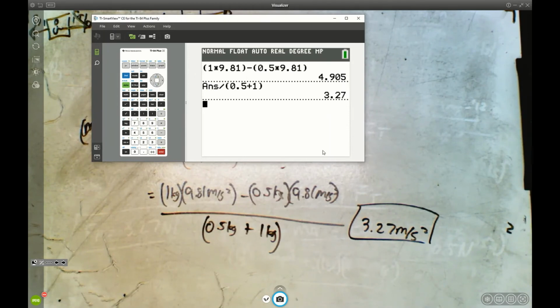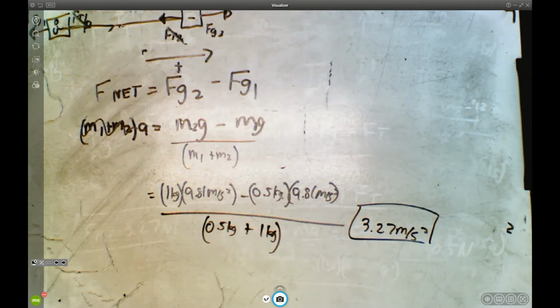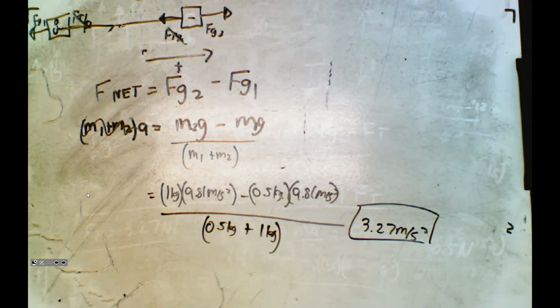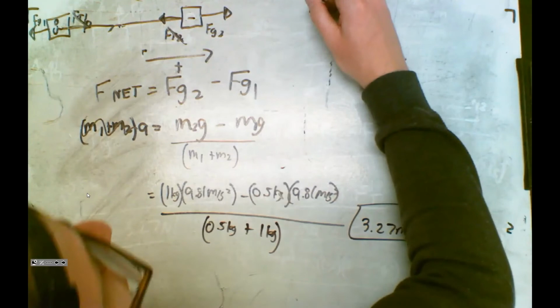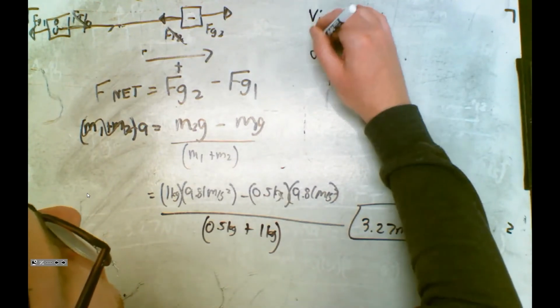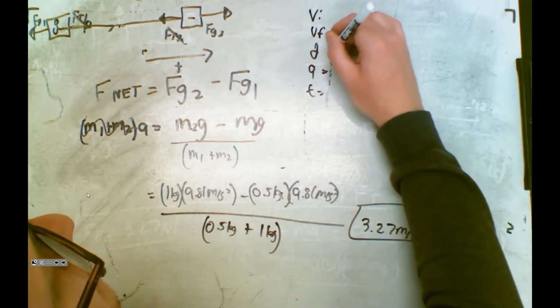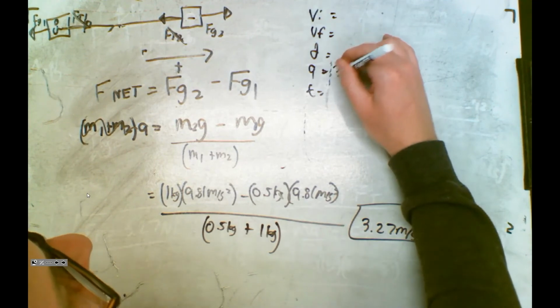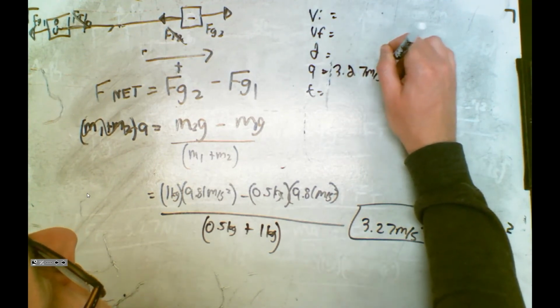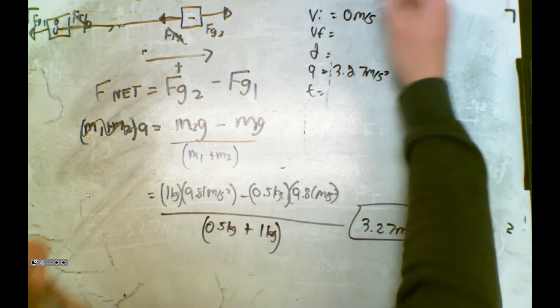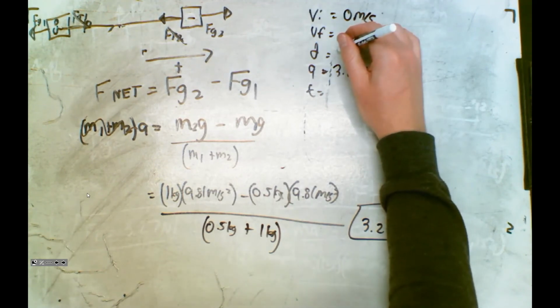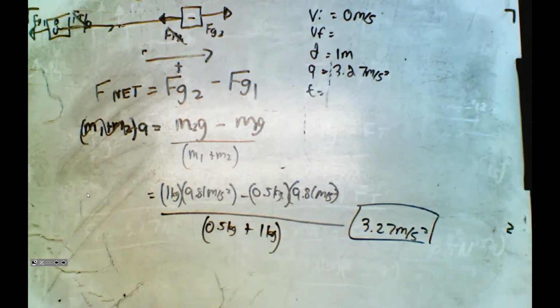The second part of the question is asking how fast they are going to be going when they reach their top speed. If we want to find speed, we can use the kinematics equations. We know our acceleration is 3.27 meters per second squared. We can assume they start from rest, and in the picture it shows that they drop a distance of 1 meter.